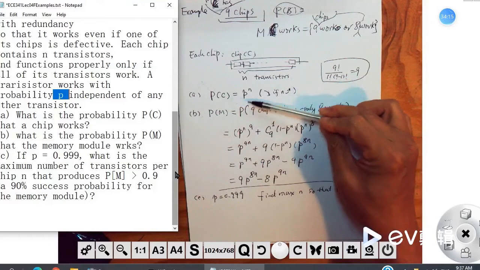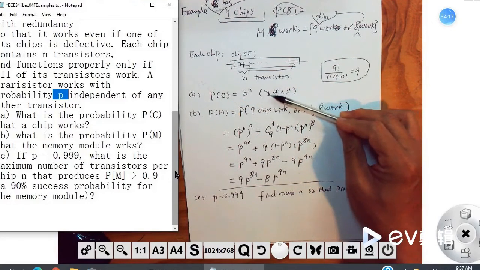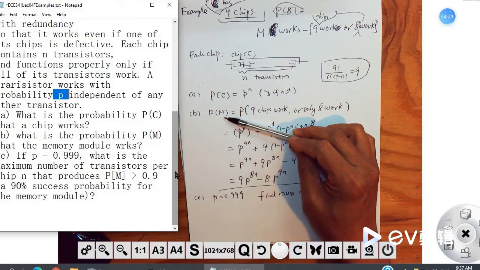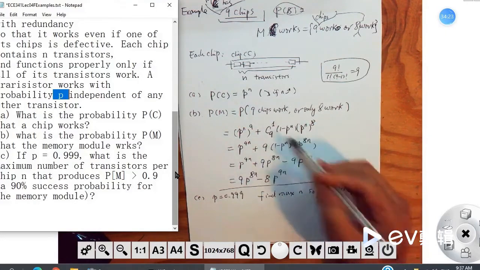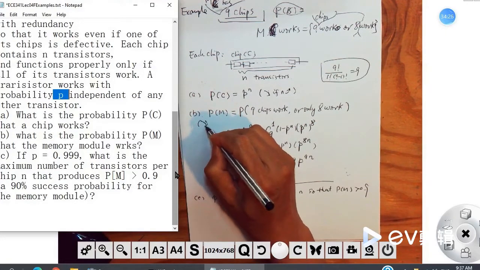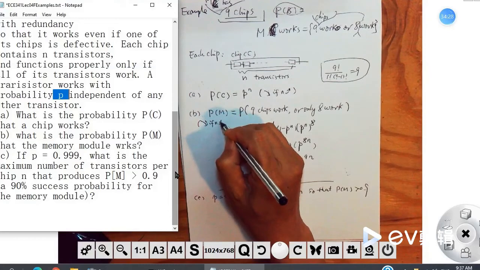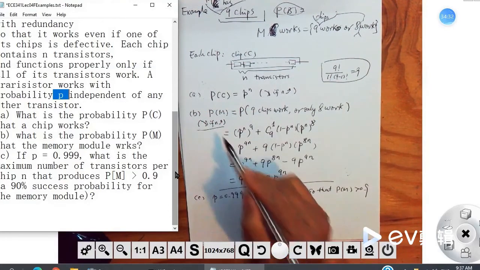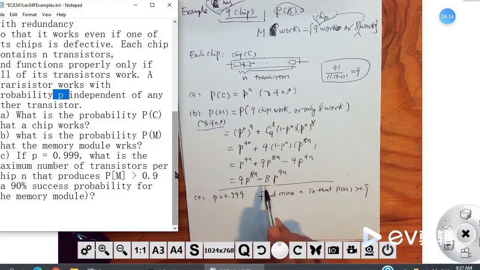So each chip has lower probability to work well, then PM will also have lower probability to work well. So when N goes up, this probability will reduce, and we want to keep it above 0.9. So we want to find the maximum N so that this one is larger than 0.9.